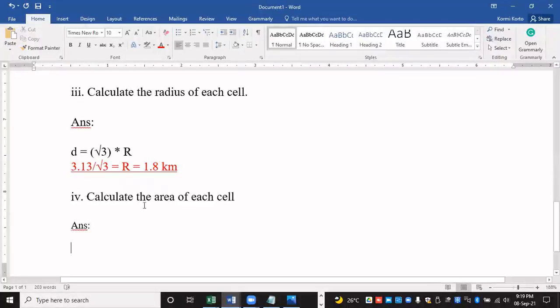The next one is saying calculate the total area of a single cell, of each cell. So once again, you go back to the formula. What is the area of a hexagon?